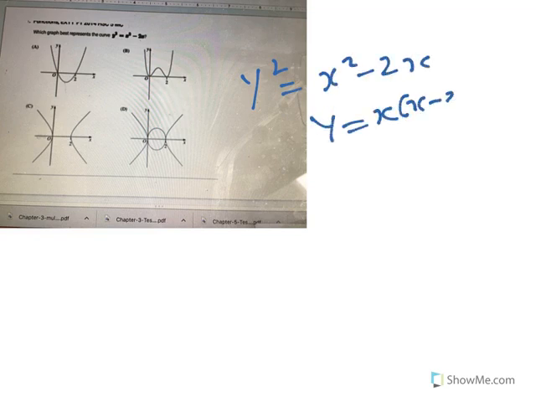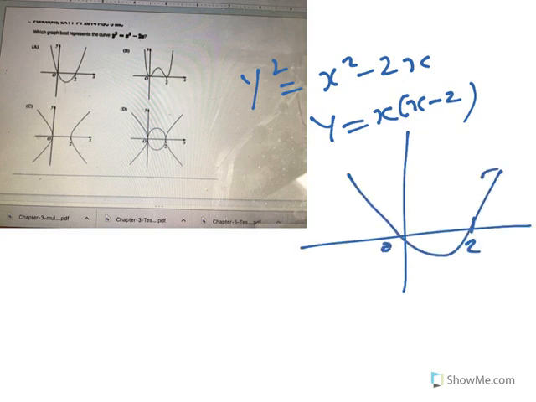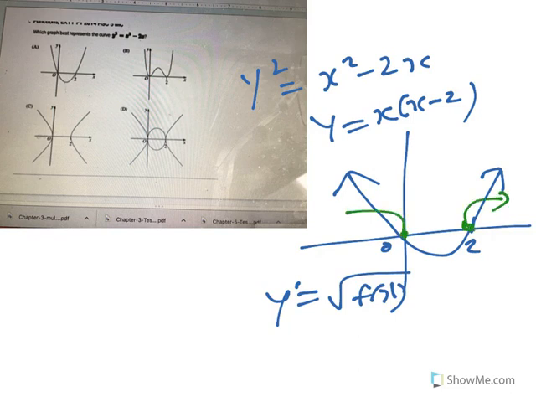The next one, this one's for y squared equals x squared minus 2x. So first, if you sketch this one, x squared minus 2x, it's going to be 0 and 2. It's going to look like that. And then if you're going to do y squared, you need to first do y equals root f of x. So if you did y equals root f of x, it's actually going to flatten. It's going to go like that. Even that will be flattened, but because it's root f of x, I take that back. That's got to disappear, hasn't it? So we'll just get that back.